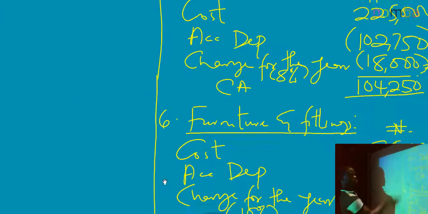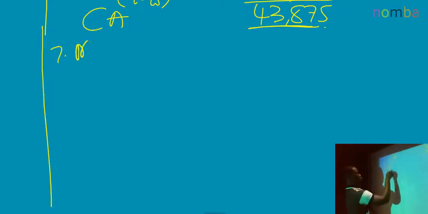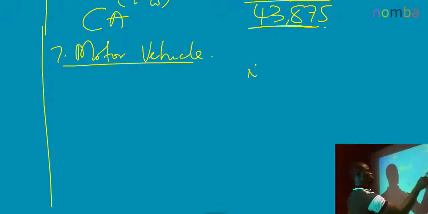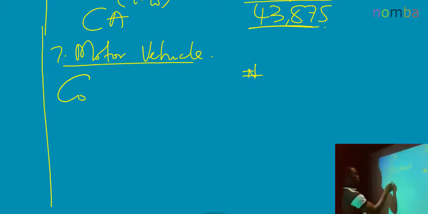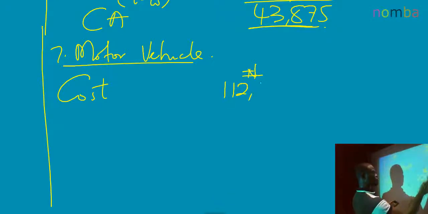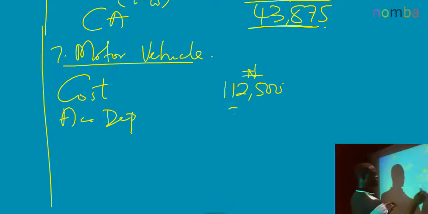That would be note 7. Motor vehicle. The cost is 112,500. Then I have accumulated depreciation, which is 37,500.